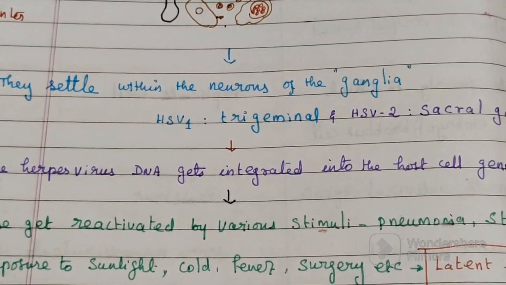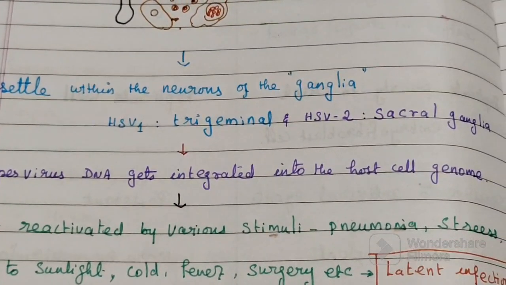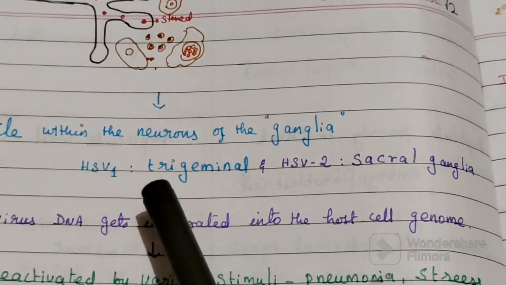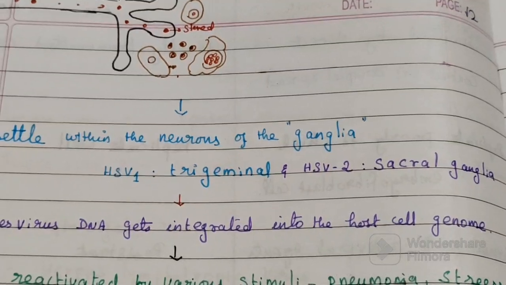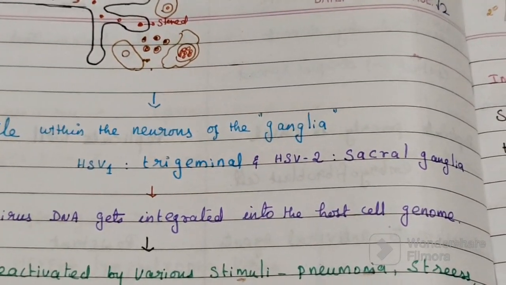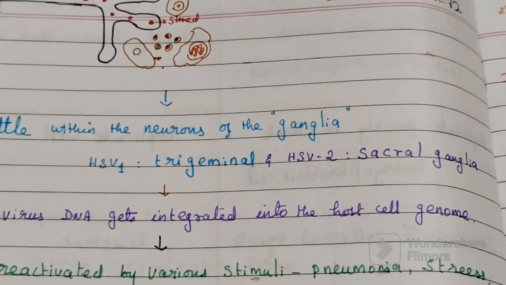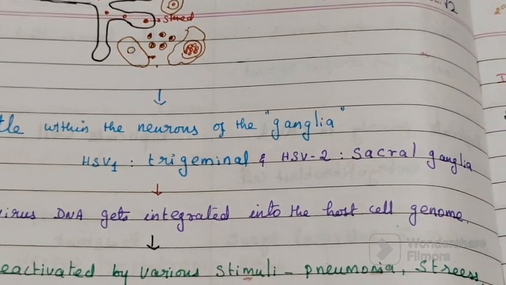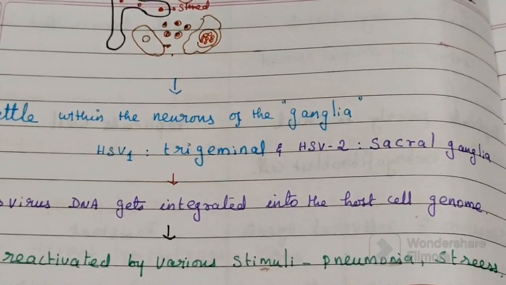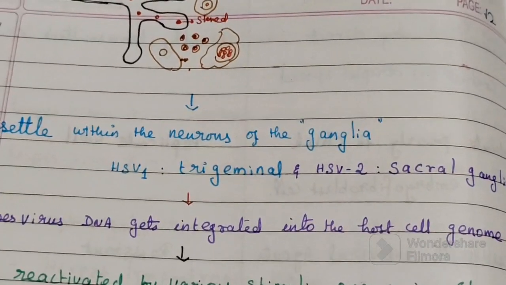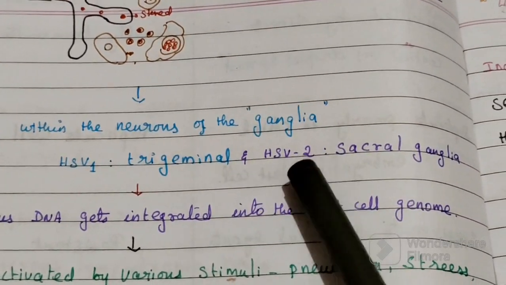Herpes simplex virus 1 means trigeminal ganglion, for many years. Herpes simplex virus 2 means sacral ganglion. HSV1 means trigeminal ganglion.